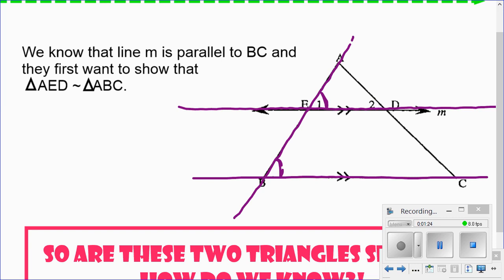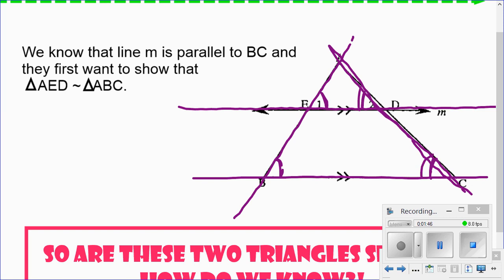Now, I can also take a look at the parallel lines that are already highlighted and the other transversal. And once again, two parallel lines cut by a transversal, then corresponding angles, and I'll just put a 2 mark there, corresponding angles are congruent.